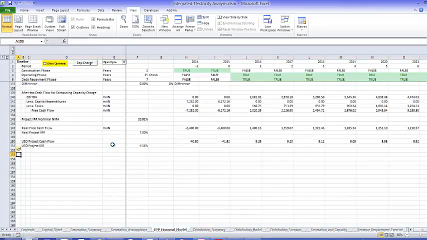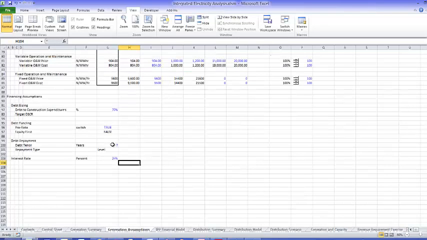Now the various sections of the model I would enter, I would start with our debt funding, and sources and uses. Okay, that's the first thing.